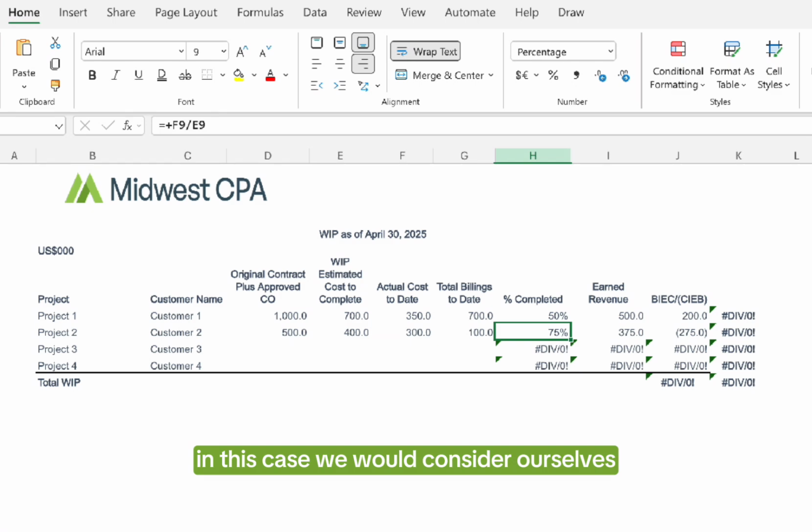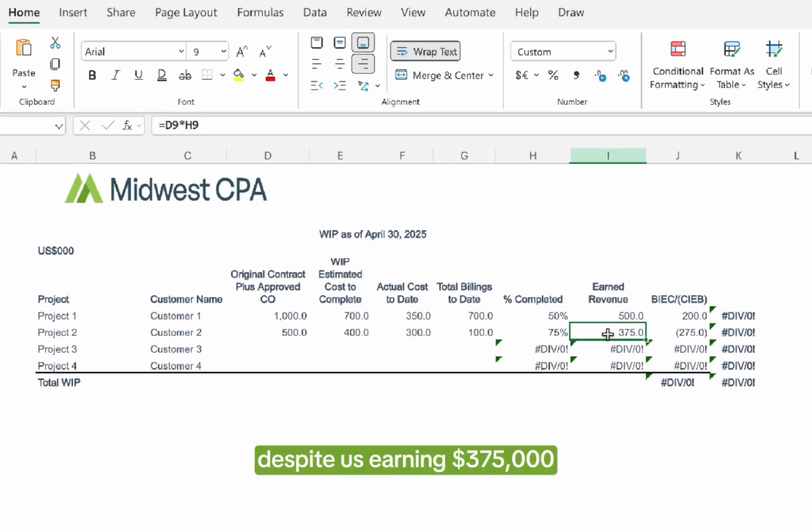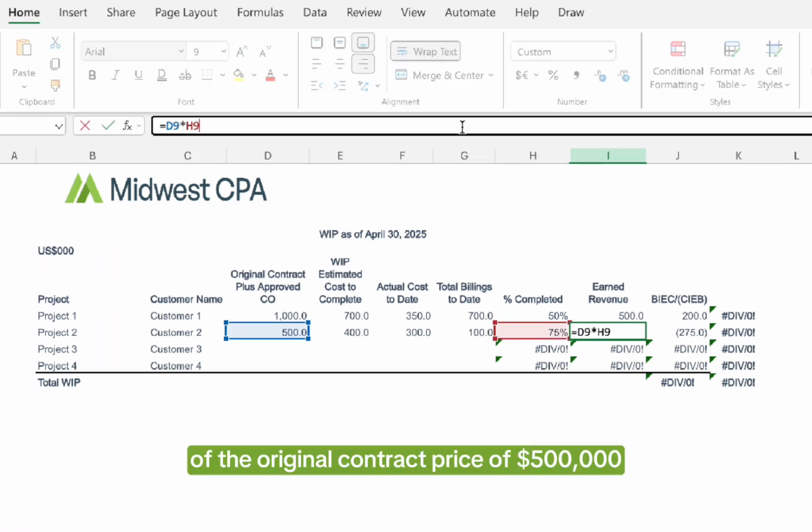In this case, we would consider ourselves 75% completed with the project because we've spent $300,000 out of the $400,000 budgeted on this deal. That being said, we've only billed for $100,000 despite us earning $375,000, which is the 75% of the original contract price of $500,000.